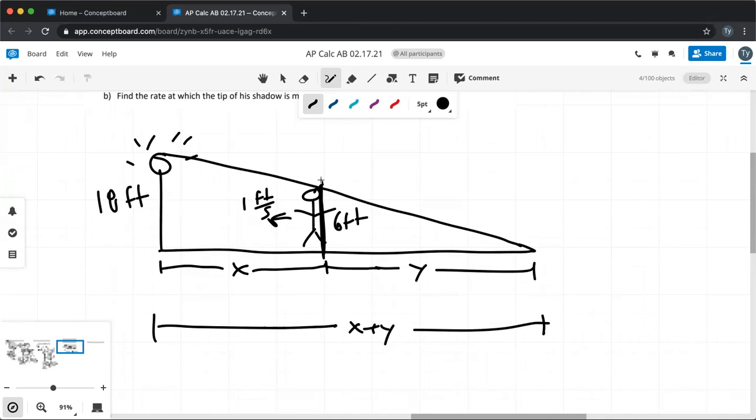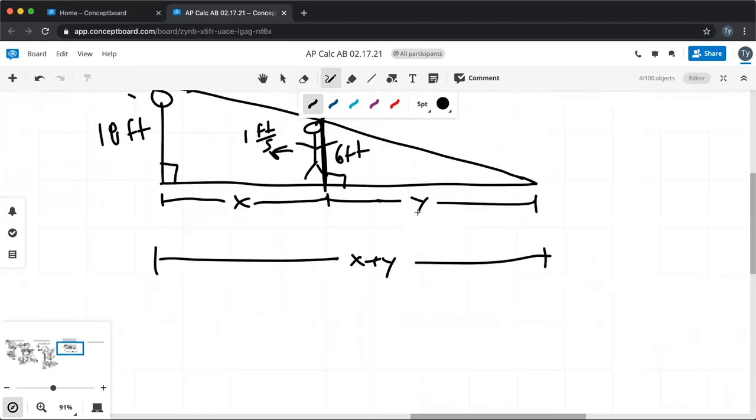And since they're parallel, and this side of the little triangle is just part of this longer side, just like this side of the little triangle is just part of the longer side right here, these two triangles, the big right triangle and the little right triangle, are similar triangles. Because we have similar triangles, there is a property that states similar triangles have proportional sides.